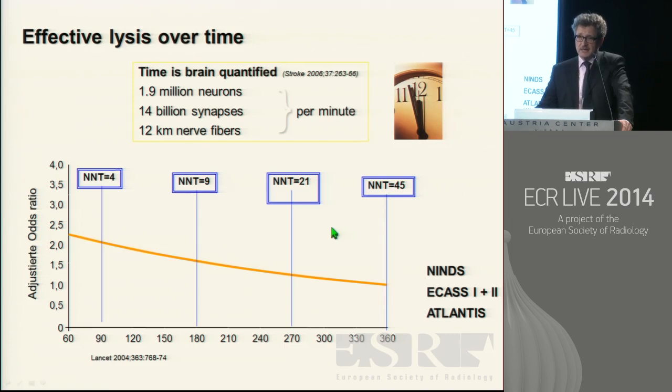On the other side, if we look at all the thrombolysis trials, within 180 minutes of treatment, you need to treat only 9 patients to improve 1. That is a very good number. Even within 360 minutes, still 45 patients should be treated. That is not such a good number. 9 is a very good number.